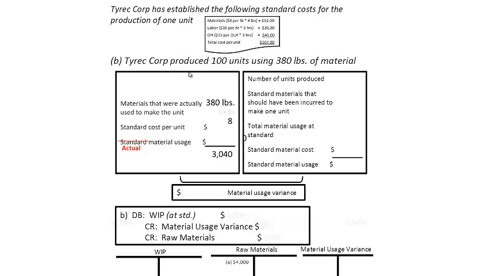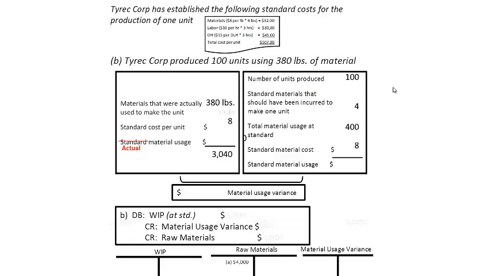$3,040. Now we want to compare that to the amount of materials that we had planned to require to produce the 100 units. So to do the computation, we start out with the number of units produced, which were 100.